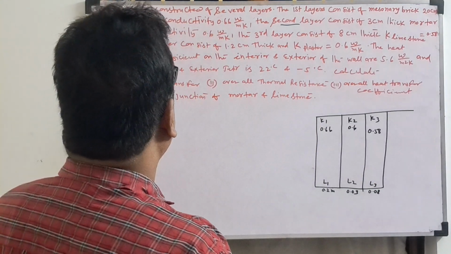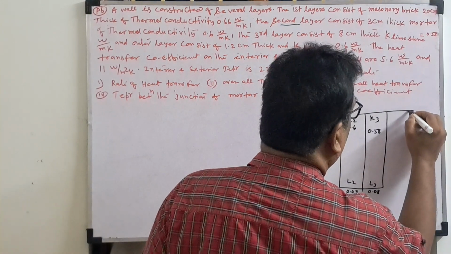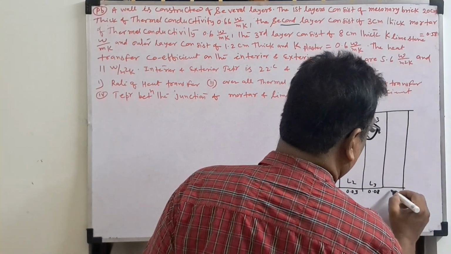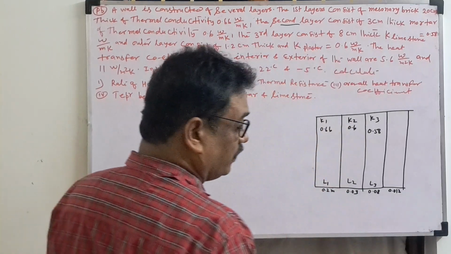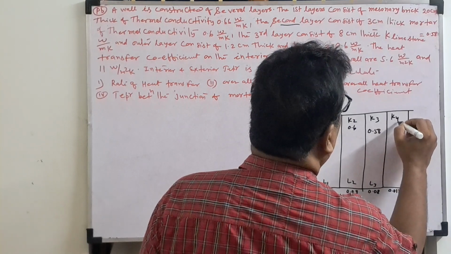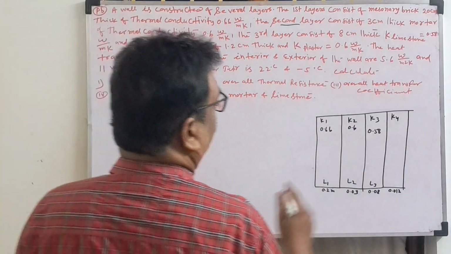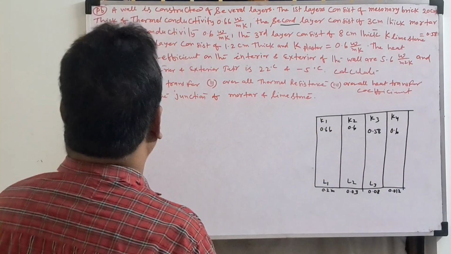The outer layer consists of 1.2 centimeter thickness, so one more layer. Thickness is 1.2 divided by 100, 0.012. The thermal conductivity K4 is 0.6 watt per meter Kelvin.